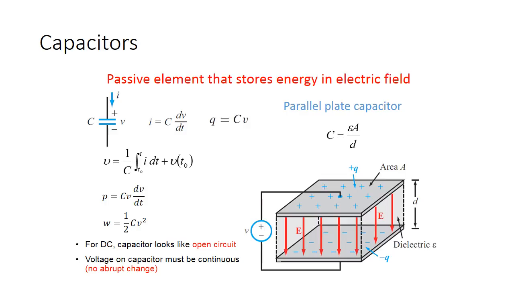Another interesting thing about capacitors is that in DC circuits, capacitors look like open circuits, and we're going to look at why that is. For long-term analysis, they look like open circuits. It's only in short-term analysis where they might not look like open circuits. Essentially, it's because the capacitor is charging up. Once the capacitor is charged, current can't flow through it.